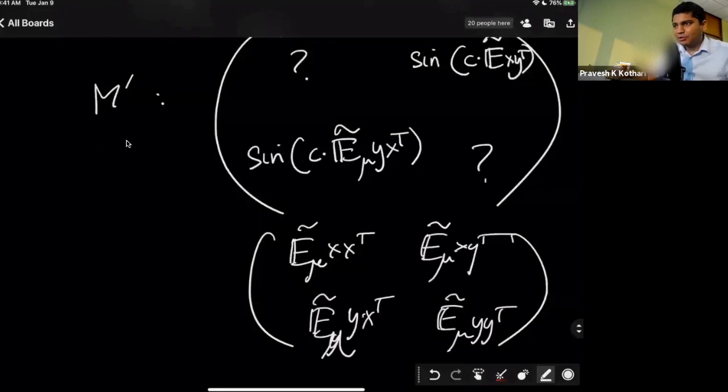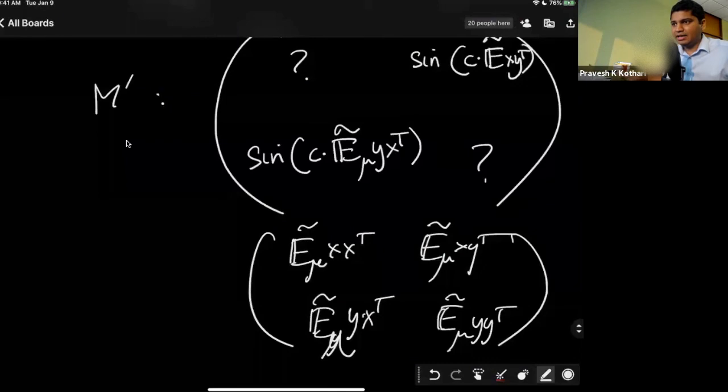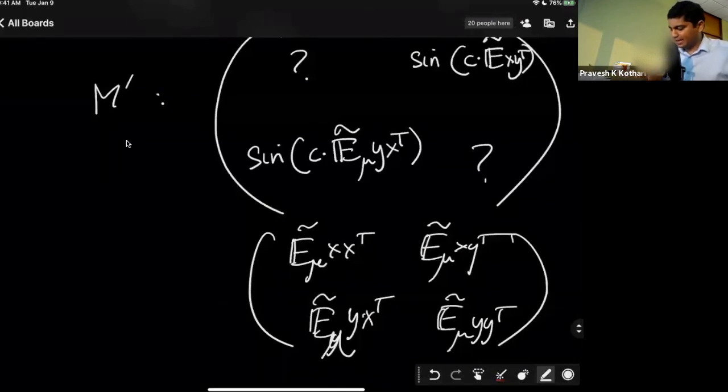Now, one thing you might guess, as we did at the beginning of the lecture: for my optimization problem to work in the natural way, I definitely need sine applied to the off-diagonal blocks. So you might naturally think that I might just apply sine entry-wise to the whole matrix M, and hope for PSD-ness.